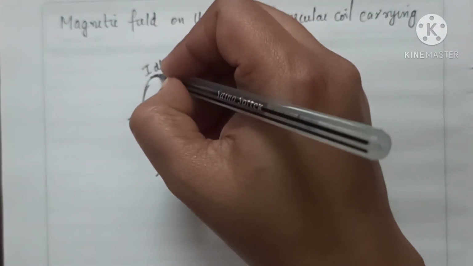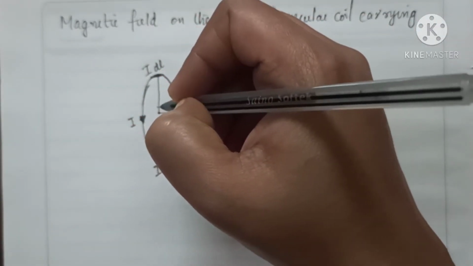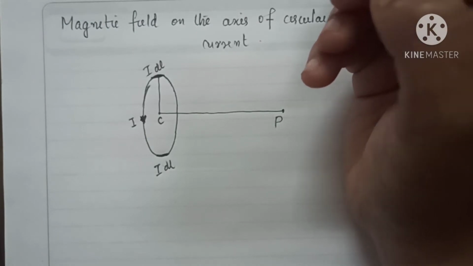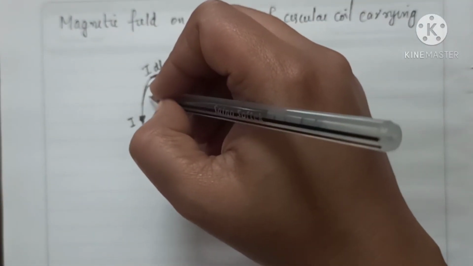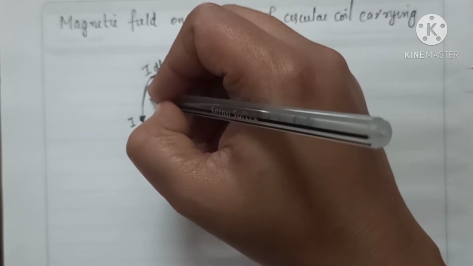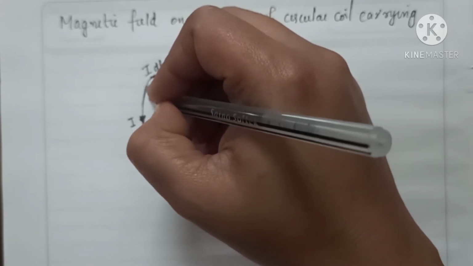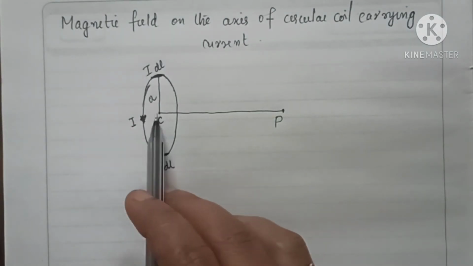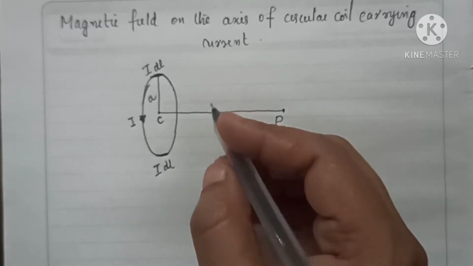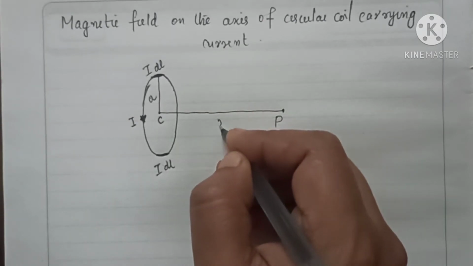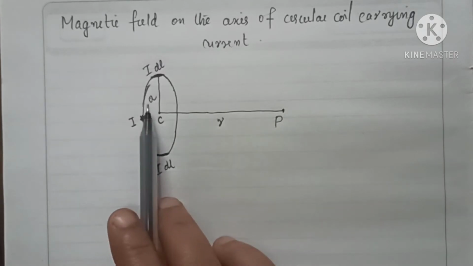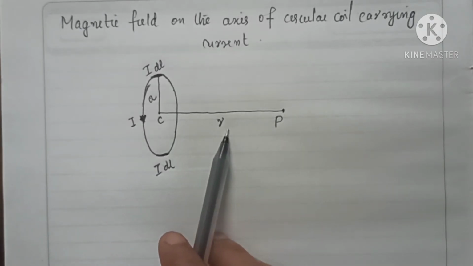Now let the radius of this coil be A. The radius of the coil can be written as A here. And the distance from the center to P can be written as R. Clear? A, then R.